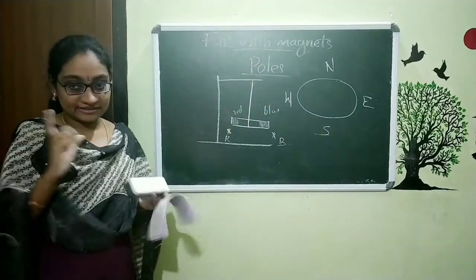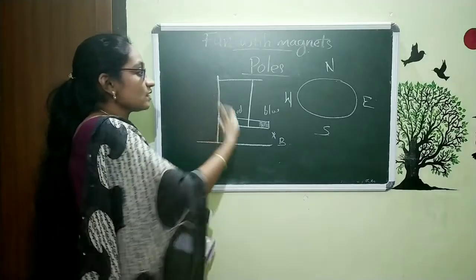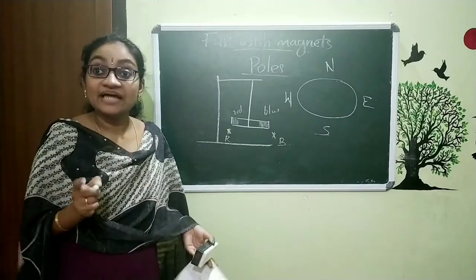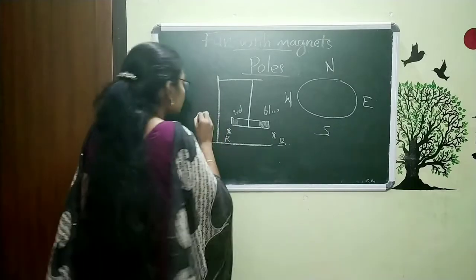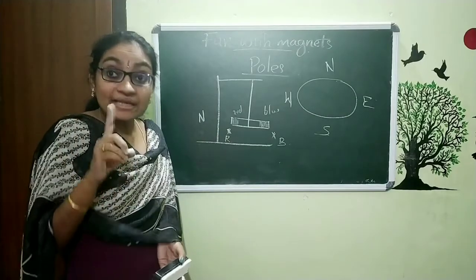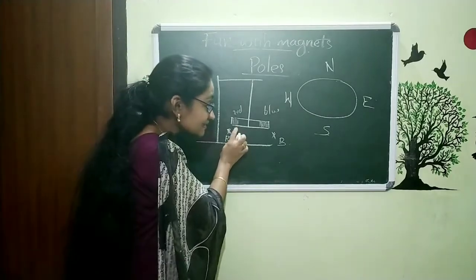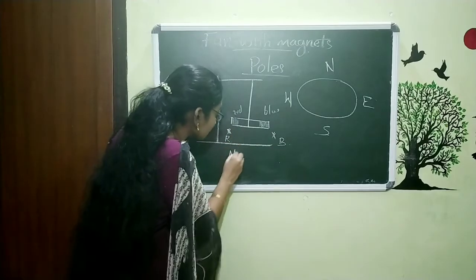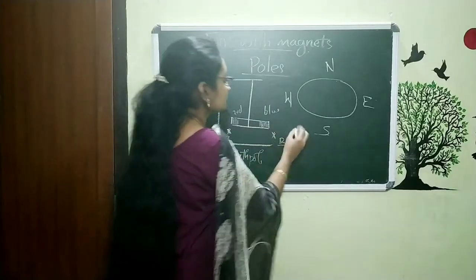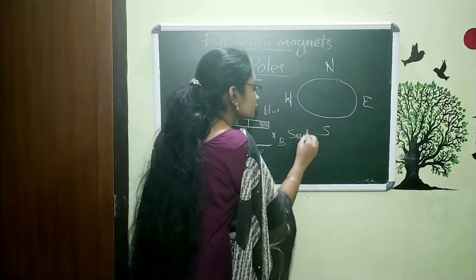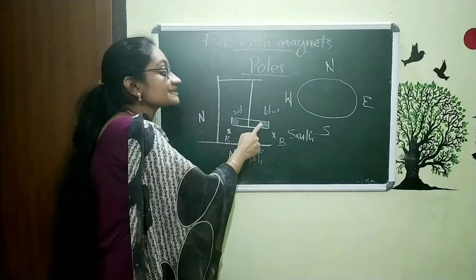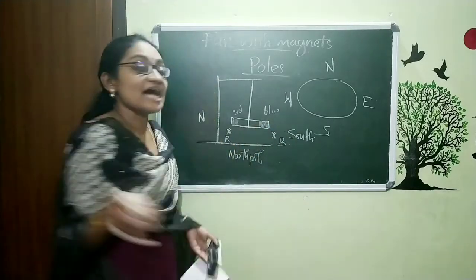So I am comparing this north and south with this direction, and then I can understand that this is our geographical north, and I am calling this side of the magnet the north pole. And here the geographical south is located, and so I am calling this direction of the magnet the south pole.